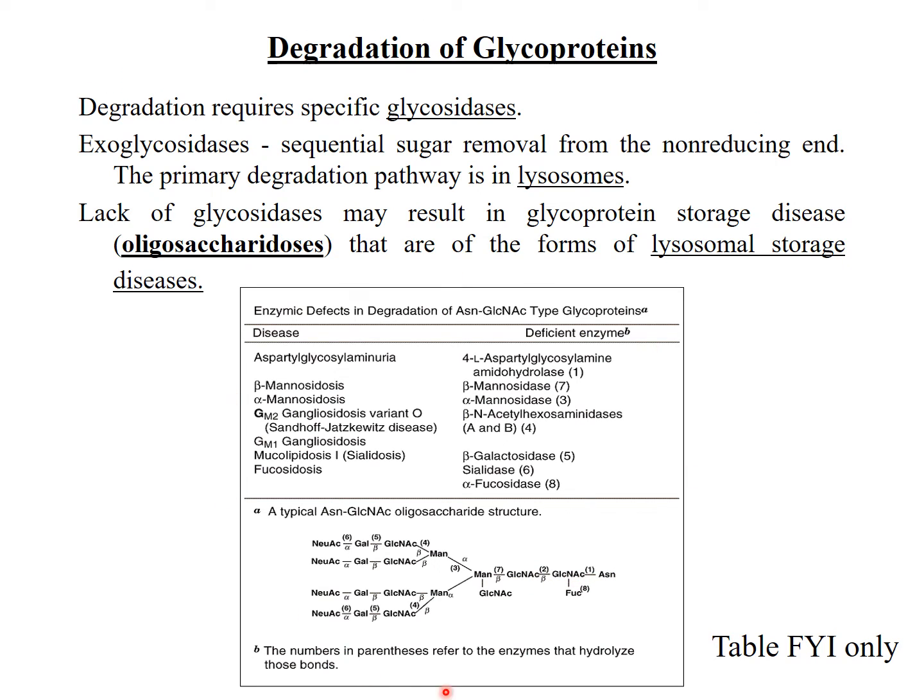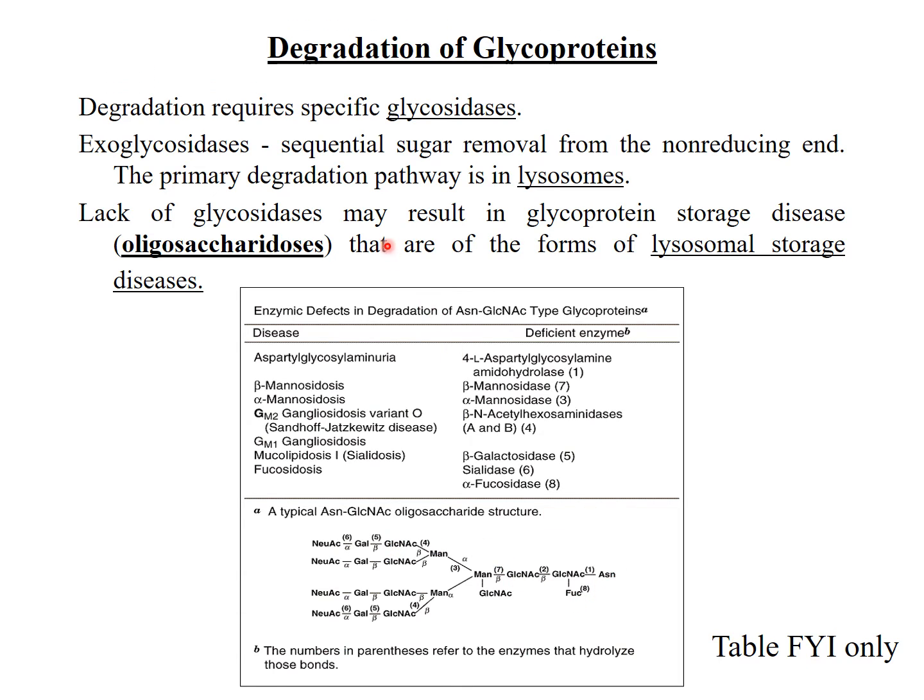Now again, this table is just for your information only, but I put it here to show that the lysosome needs to have a lot of different hydrolases to be able to digest these very complex protein sugars, oligosaccharides, down to single sugars and single amino acids.